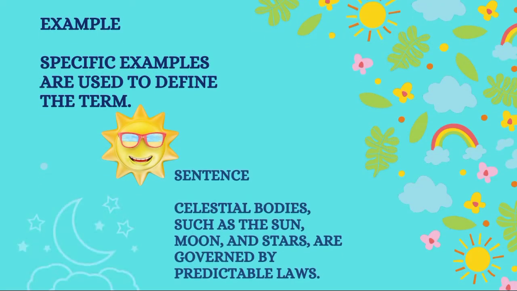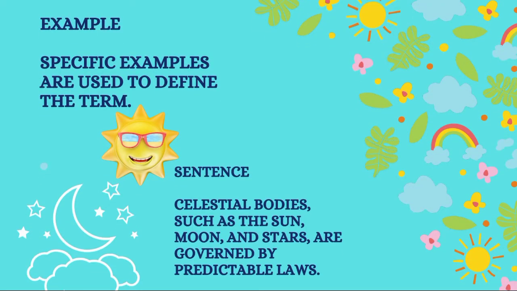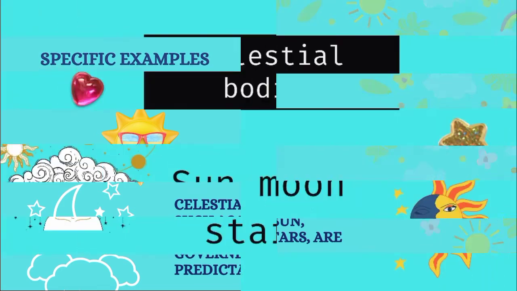Okay? Now the last kind of context clues we'll be looking at today is the example context clues. Here, examples are used to define the term. For example, celestial bodies such as the sun, moon, and stars are governed by predictable laws.